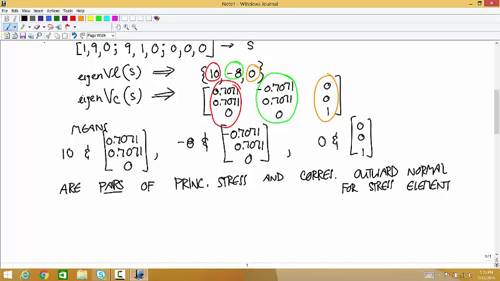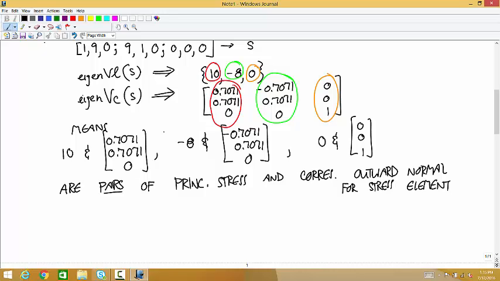Okay, so what I usually do, if I'm going to come up with a new coordinate system that corresponds to the principal stress tensor, is find which of these vectors is closest to the original coordinate system of 1, 0, 0, 0, 1, 0, 0, 0, 1, and make those the axes.